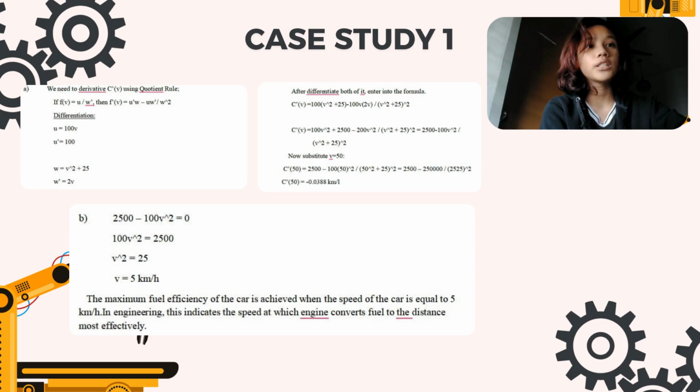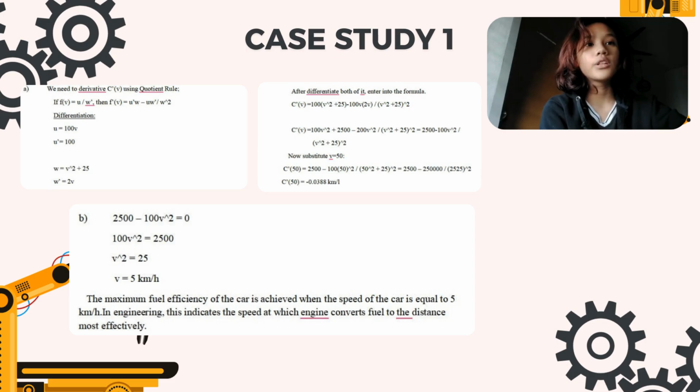To find the most efficient speed, we differentiate the function using the quotient rule. After differentiating and simplifying, we obtain C prime of V equals negative 100 V squared plus 2500, divided by the quantity V squared plus 25, all squared.